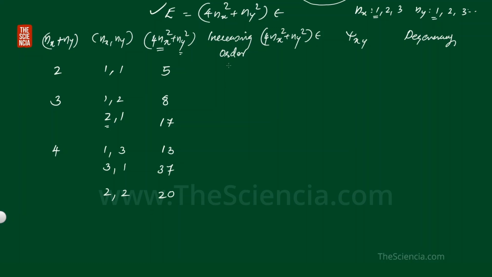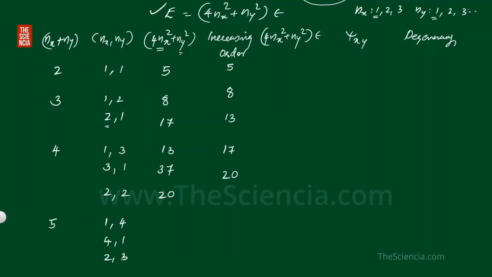So the first one is 5, second is 8, then 13, then 17, then 20, right? Now the next one is not 37, because if you consider the combination where nx plus ny is equal to 5, you will get the combinations 1, 4 and 4, 1, and other combinations 2, 3.